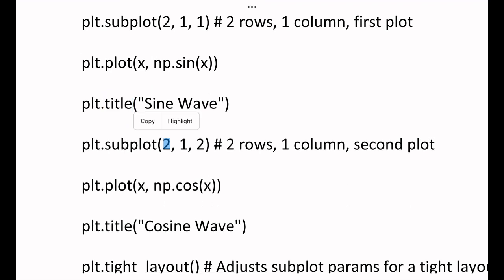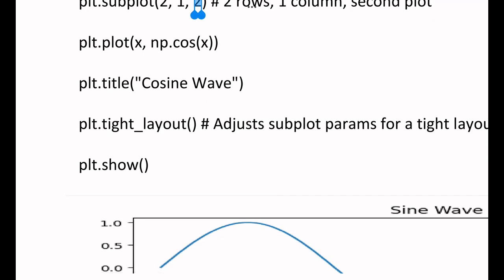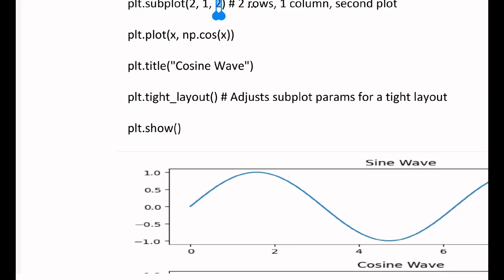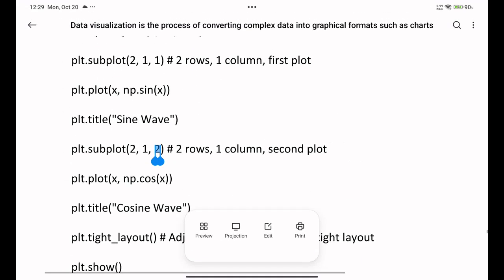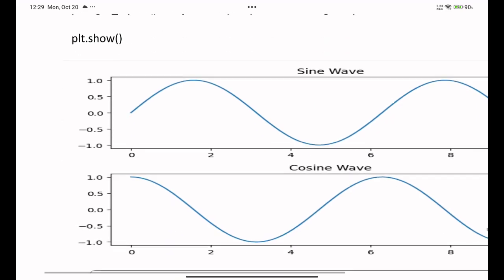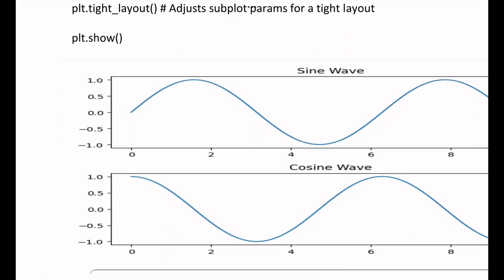Second, I want to plot another subplot, second row, first column, and my second plot is cos x. I want to check the layout, tight layout. Now plt.show. Now you can see what we have written: 2 rows, 1 column. You can see 2 rows only, 1 column is there.